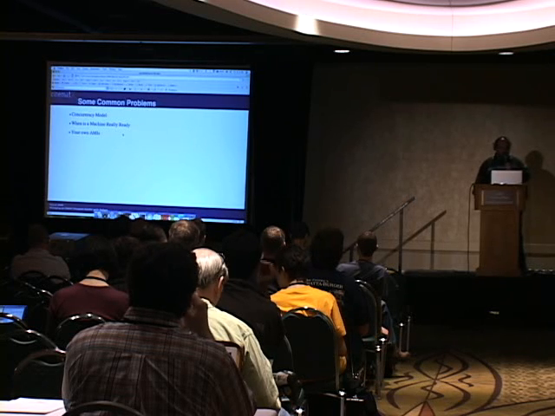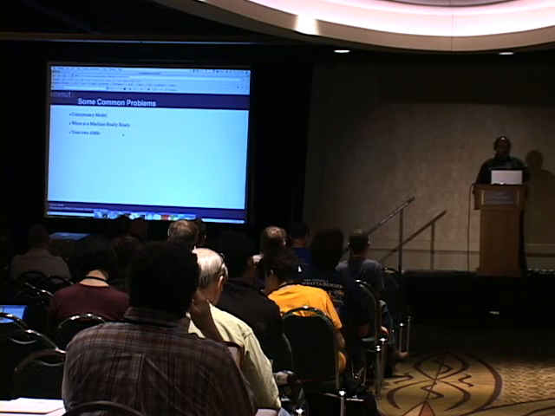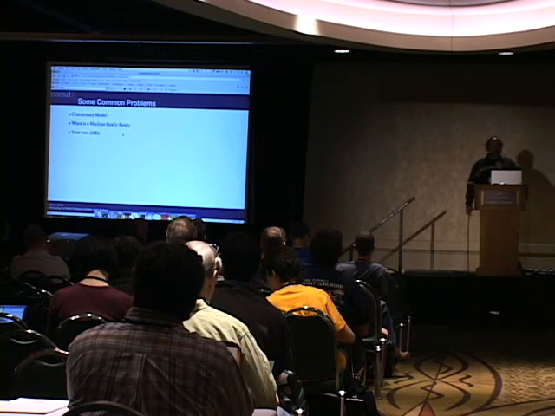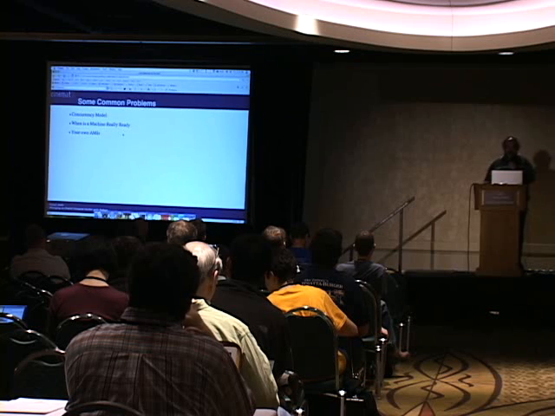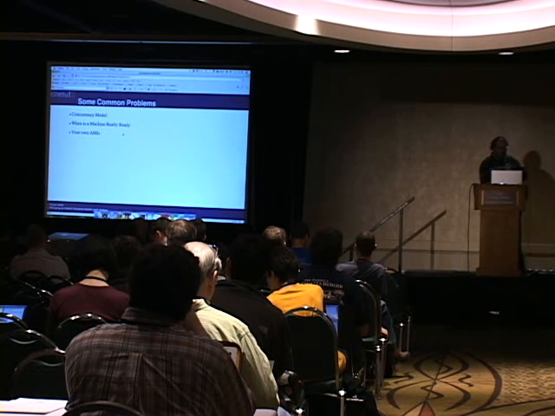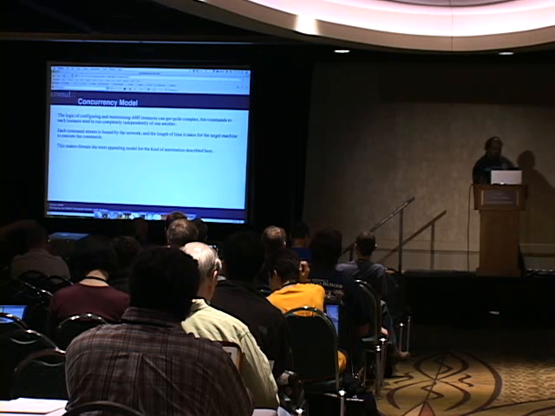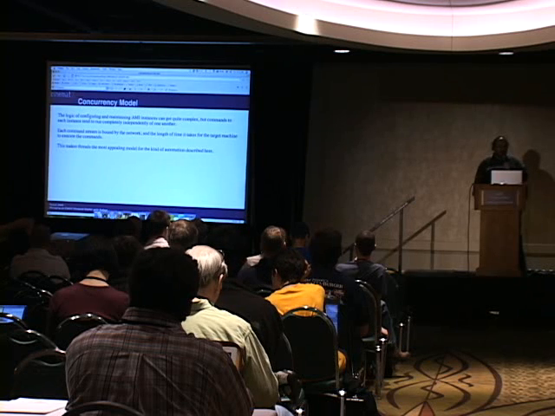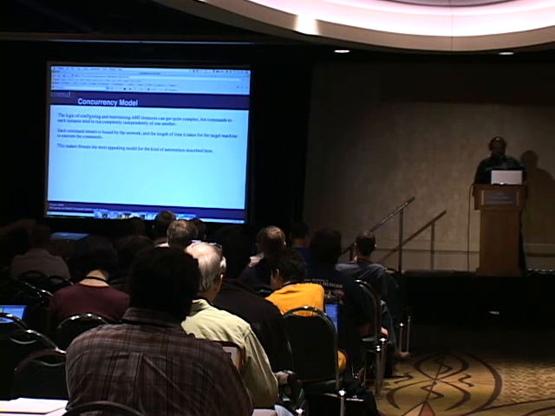Some common problems are what to use for concurrency when you're managing these things, when is a machine really ready, which turns out to be a little complicated, and rolling your own AMIs, which you are going to want to do fairly soon. Concurrency model: the logic of actually configuring these things can get quite complicated.